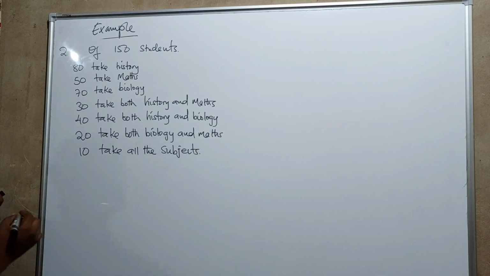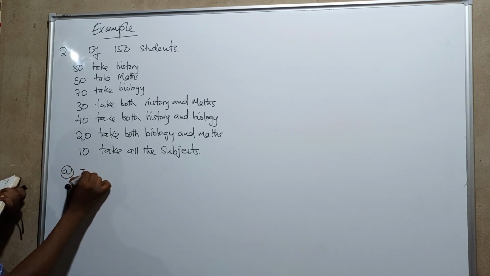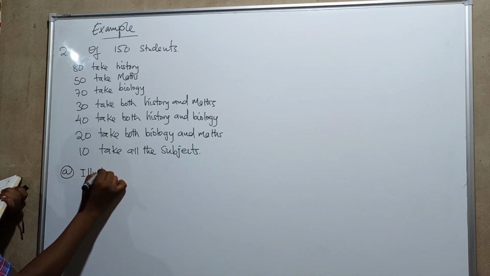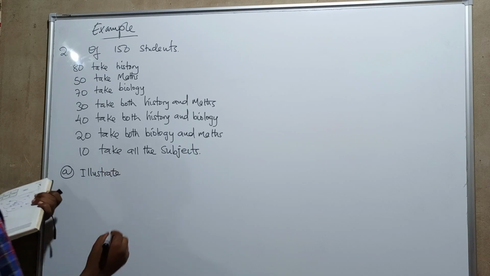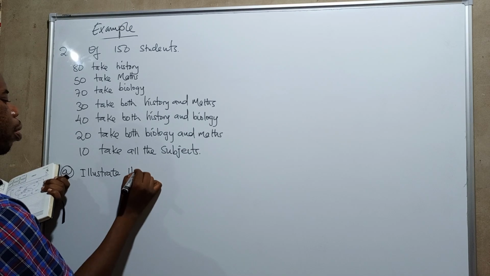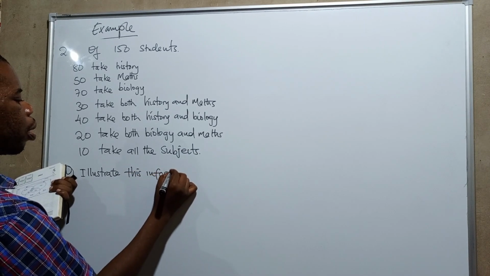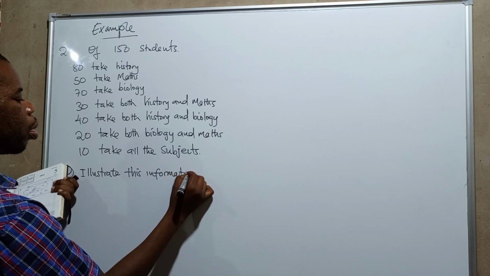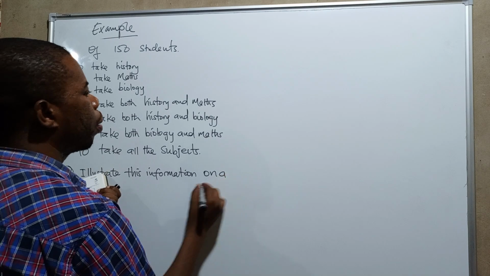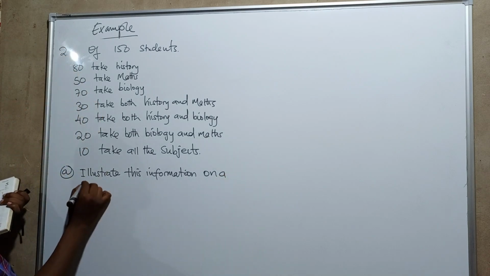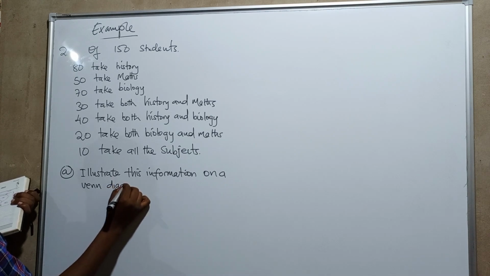Then question A says illustrate this information on a Venn diagram.